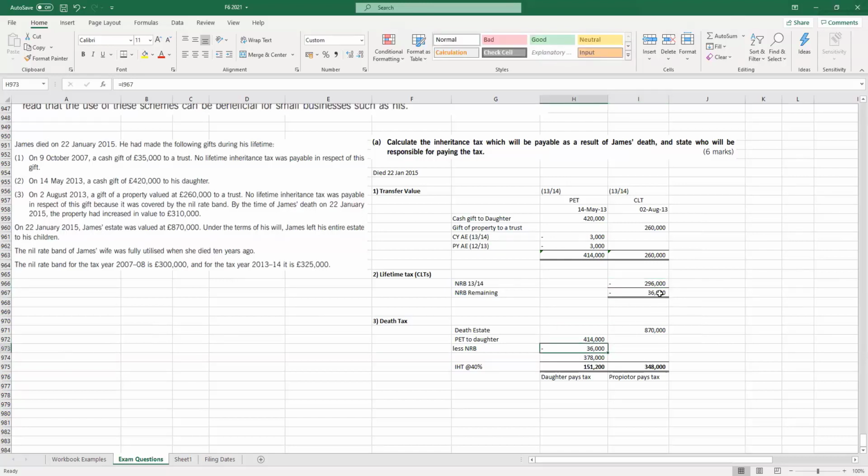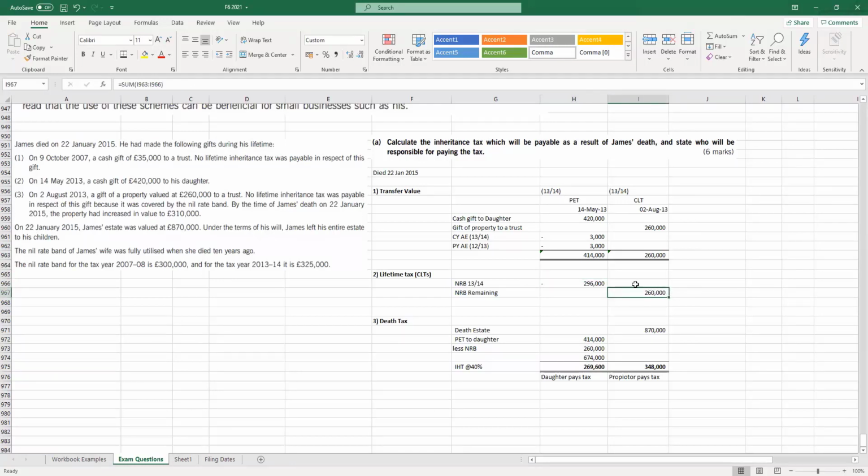That's fine, because that information is there in terms of when there's a CLT and then you can deduct the lifetime tax paid. That's what that information is there for. But don't get confused with the nil rate bands. The nil rate band is used cumulatively, so move that across against the 414. So 260,000 is chargeable.